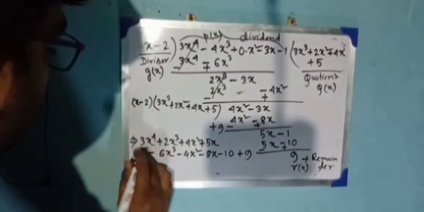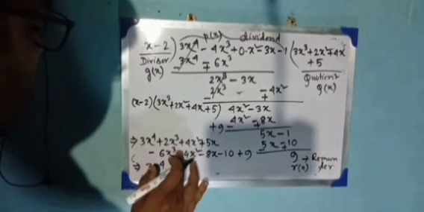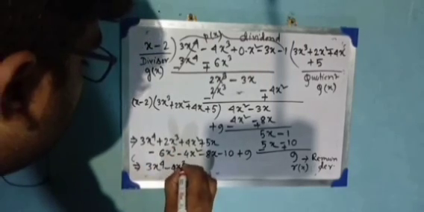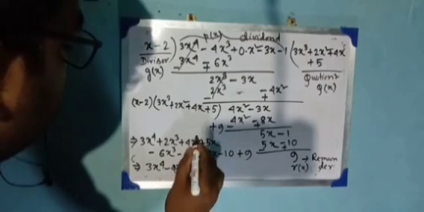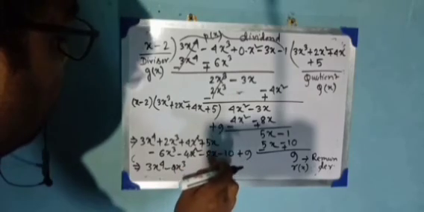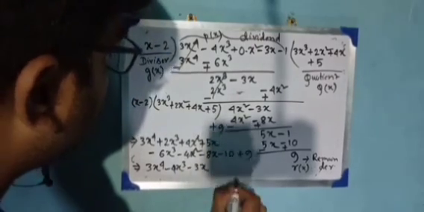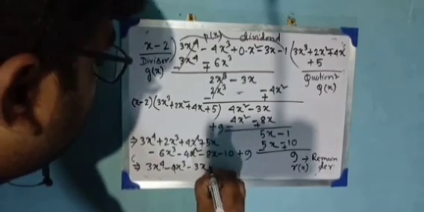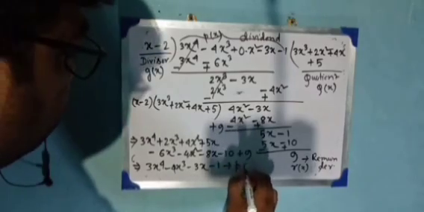Now if we calculate, this will be 3x to the power 4, 2x cube minus 6x cube, that is minus 4x cube, plus 4x square minus 4x square, that should be cancelled out. So there will be no term of x square. Now here plus 5x minus 8x, that means minus 3x, and minus 10 plus 9, that means minus 1. So we will get px.